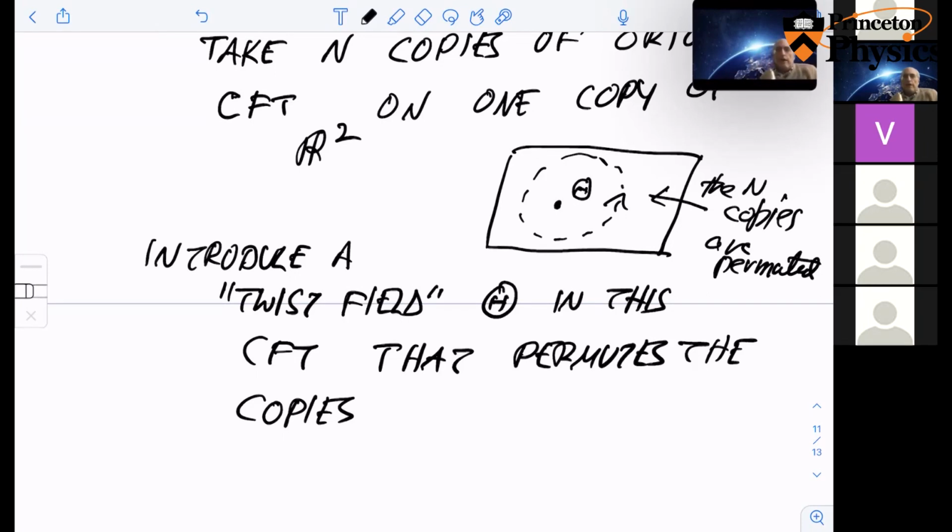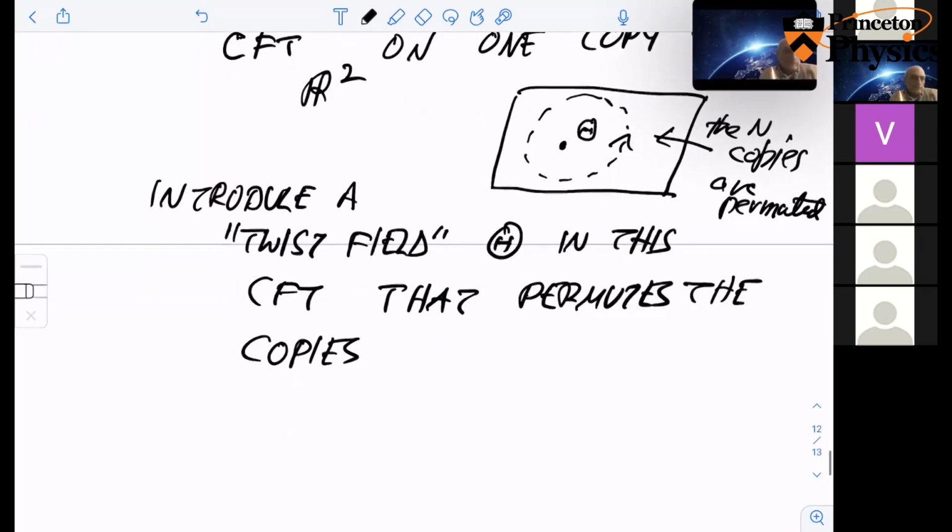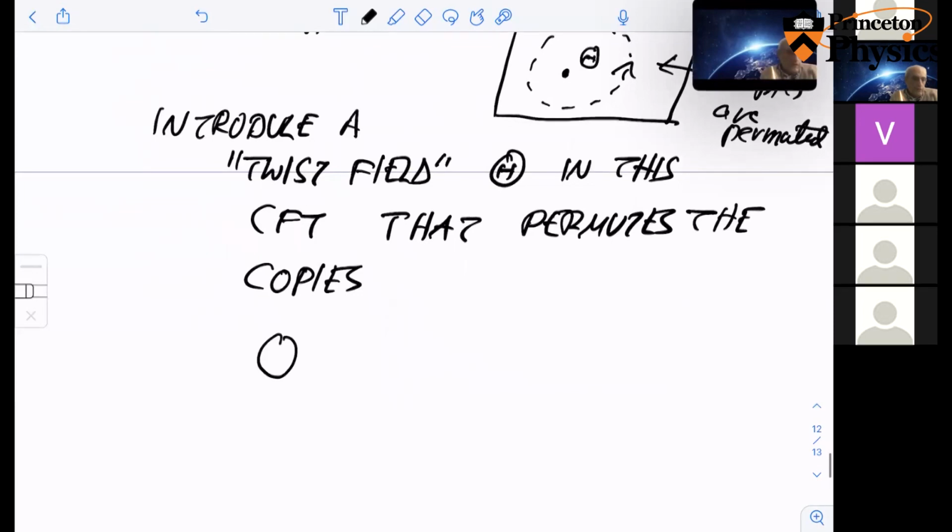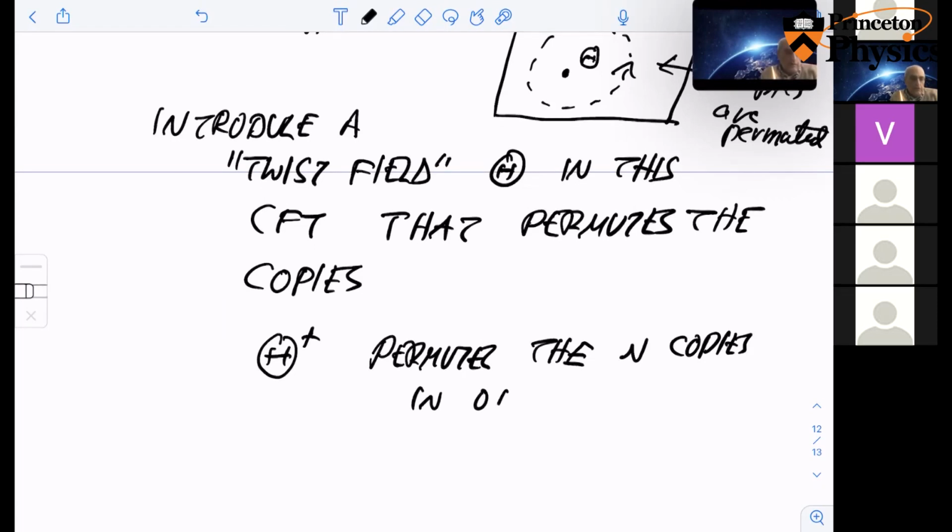So any operator in, for example, the second copy, if it is transported around theta, will come back to an equivalent operator in the third copy, and so on. The adjoint operator, theta dagger, permutes the n copies in the opposite direction.